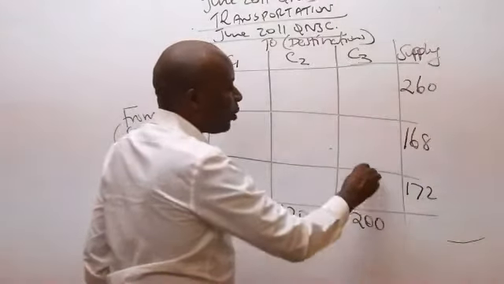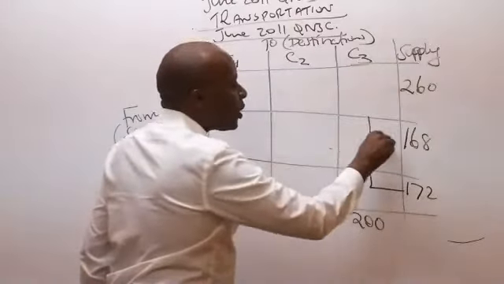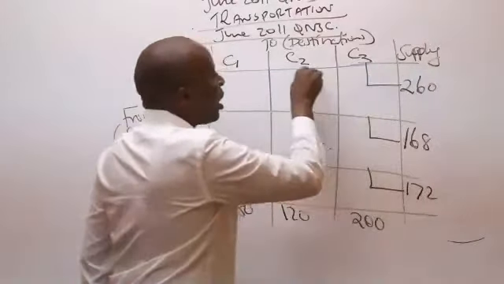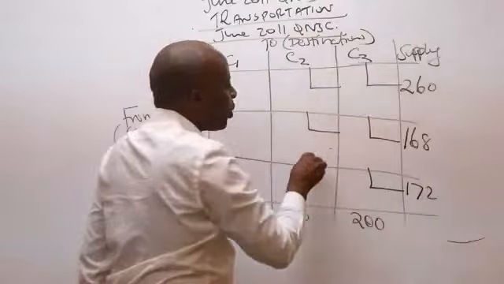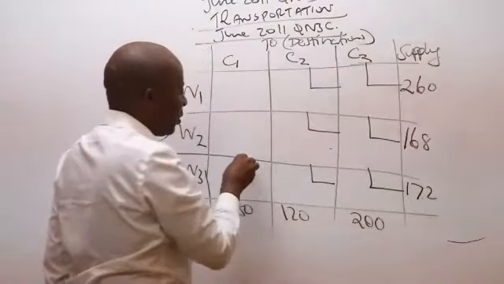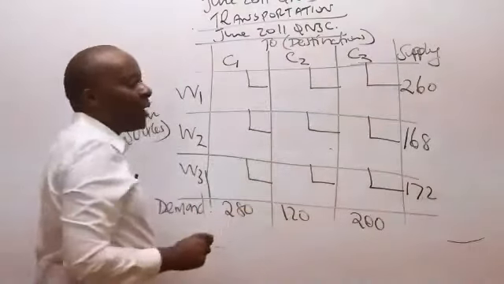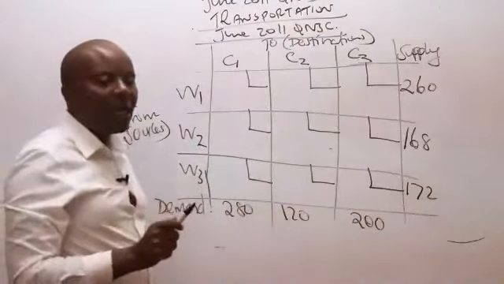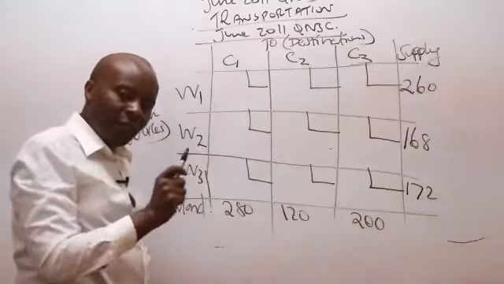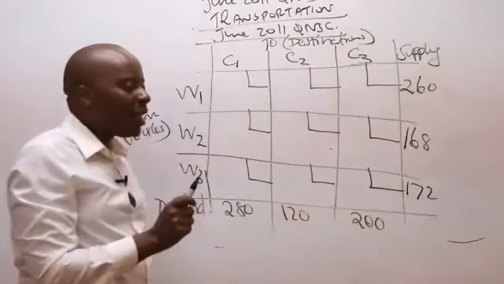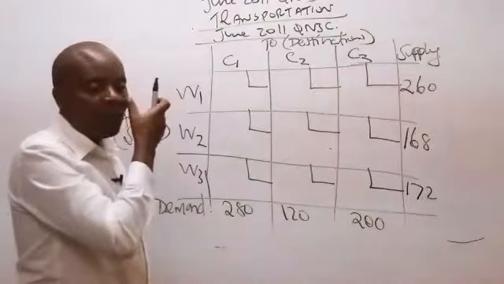So, ladies and gentlemen, if it's a question of transportation, I must come and put what we call suspended cells. These suspended cells are the ones that will be containing my CIJs, my transportation cost per unit.